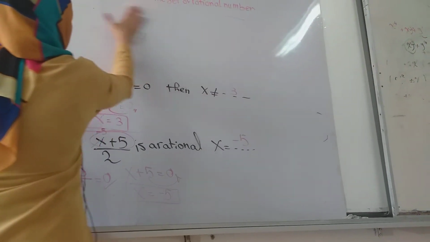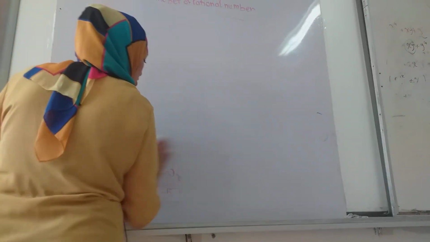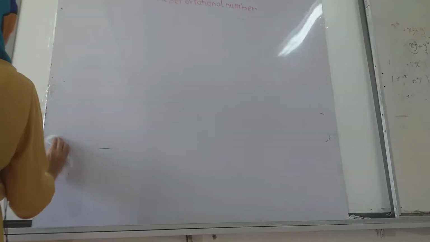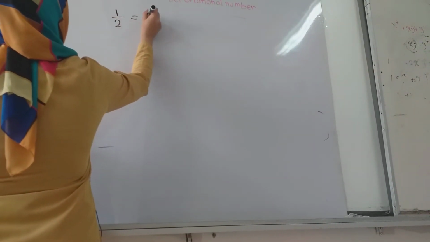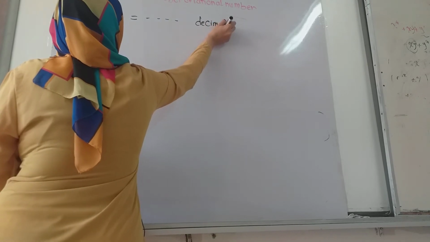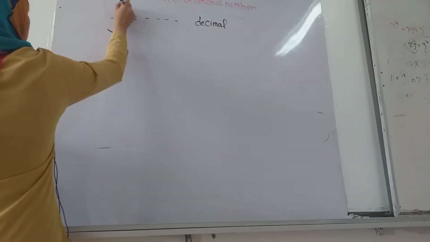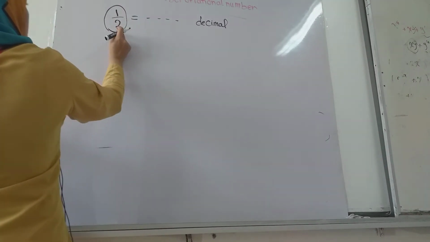Okay, let's take the meaning of recurring decimal. What is the meaning of recurring decimal? Any fraction like 1 over 2 can be converted into a decimal. This is a rational number, and it can be converted into a decimal. How?